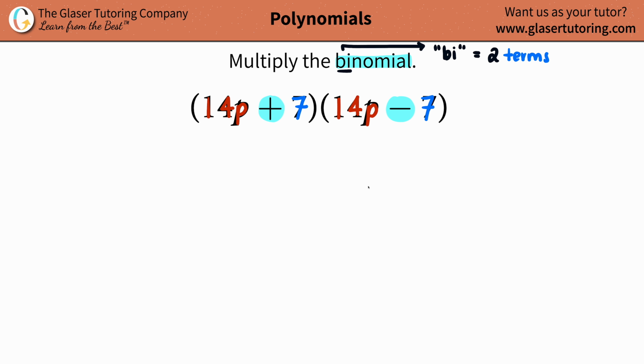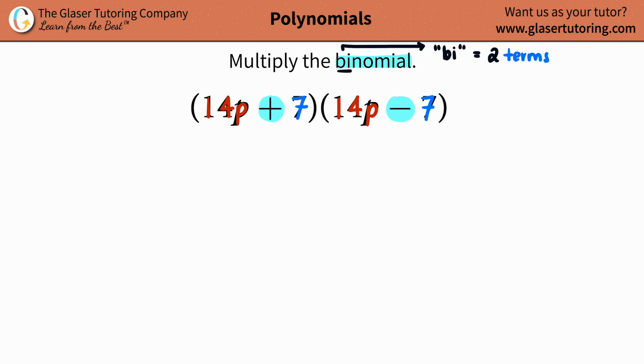If you run into this case where you have the same identical first terms, the same identical last terms, and the only difference is the sign, you can bypass being fair. Mainly because if everything is identical and you have one positive and one negative, things are going to start canceling out. I just want to point out that if you had two positives, you cannot do this method. You must be fair because nothing is going to cancel.